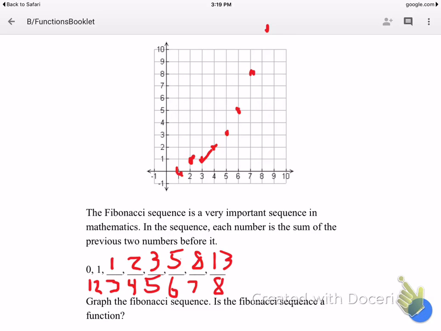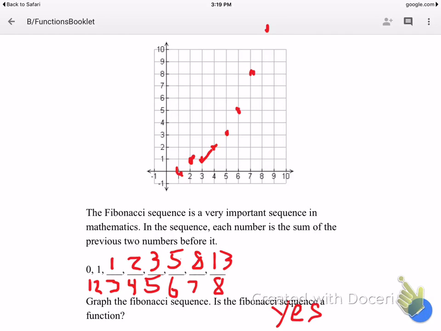So is the Fibonacci sequence a function? Yes. Because each input, which in this case are terms, is only going to have exactly one output.